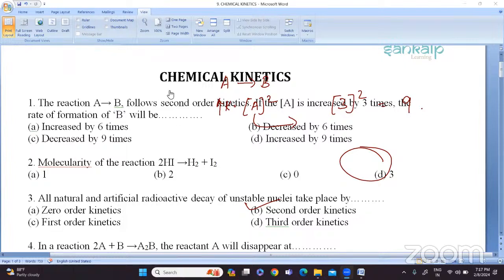Molecularity of the reaction 2HI giving H2 plus I2. Yes, try answering. See here, how many molecules are involved here? Molecularity, yes.